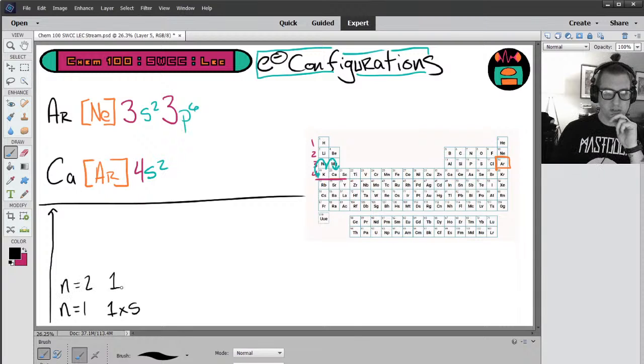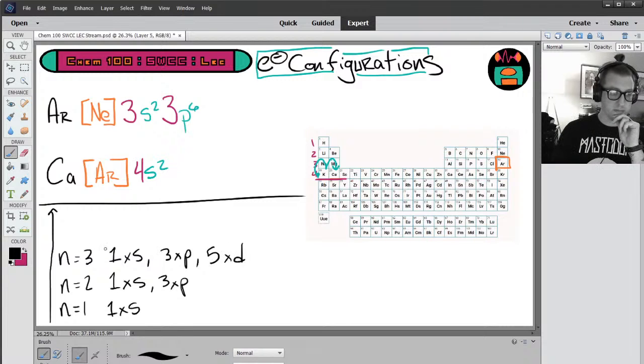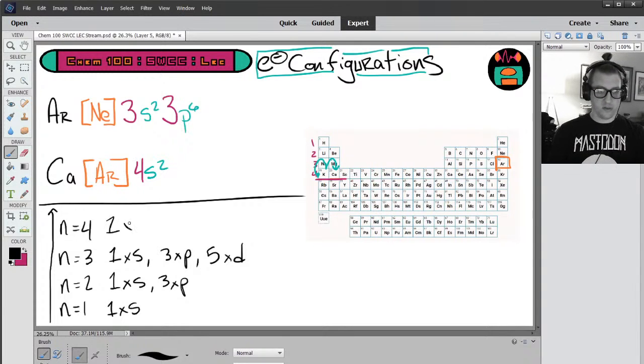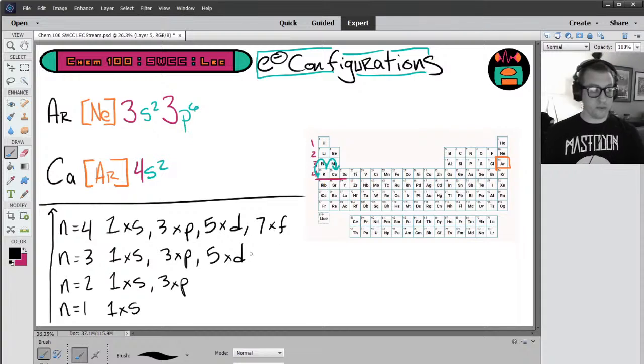On the second shell, there's one s and 3 p orbitals. On the third shell, there's one s orbital, 3 p orbitals, and 5 d orbitals. And then the fourth shell has it all: 1 s orbital, 3 p orbitals, 5 d orbitals, and 7 f orbitals.